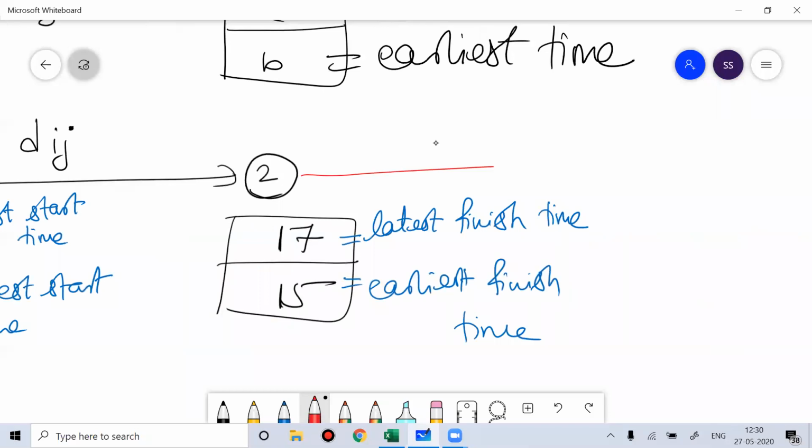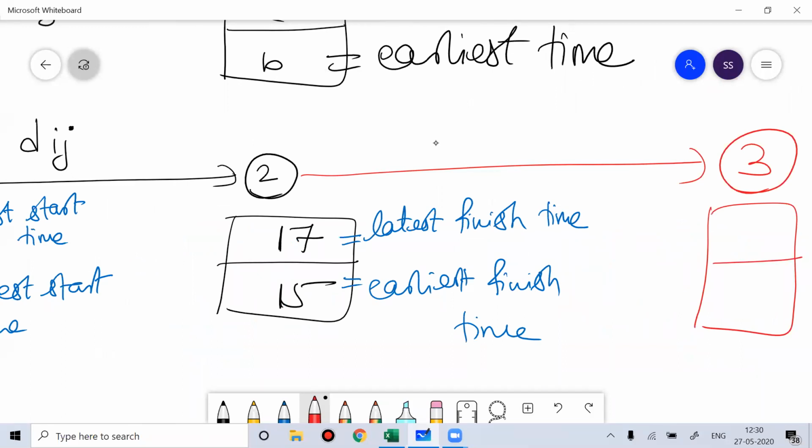Similarly, if I go to activity 3, this will be the latest start time, this would be the earliest start time, this would be the latest finish time, and this would be the earliest finish time.